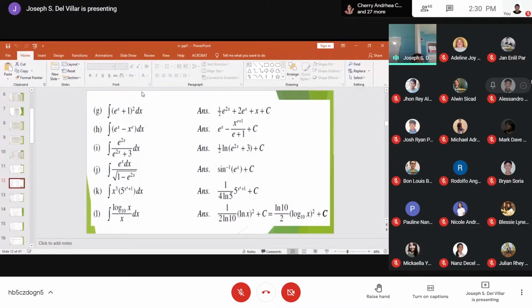Now, yung integral ng x to the e dx, considering e is a constant, then you simply add 1. Okay? You simply add 1 kasi yung x per se is already exact differential of dx. Yung dx is an exact differential of x. So all you need to do is simply add 1 to e. No? So that is minus x raised to the e plus 1 all over e plus 1 plus c. Okay? So that is the final answer.